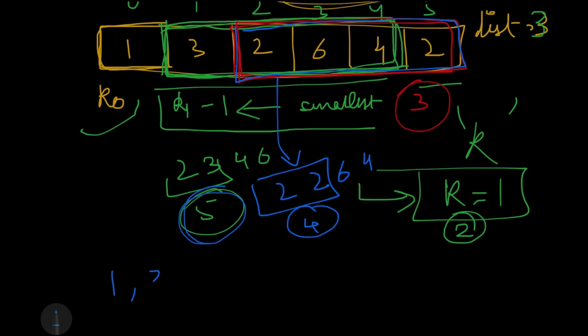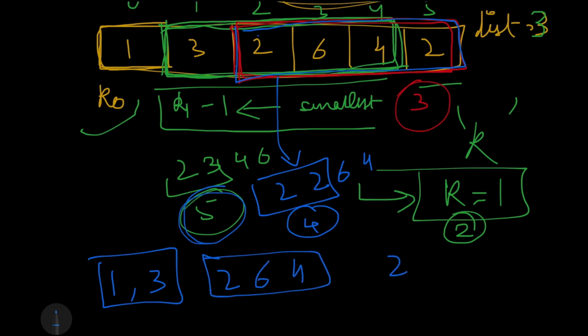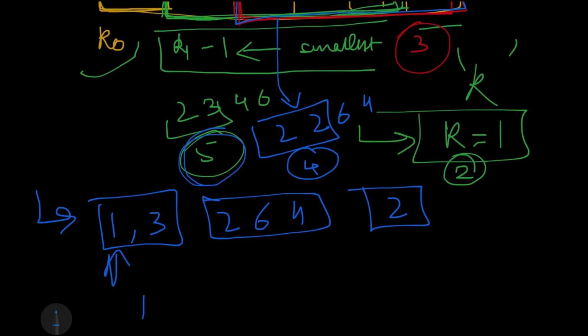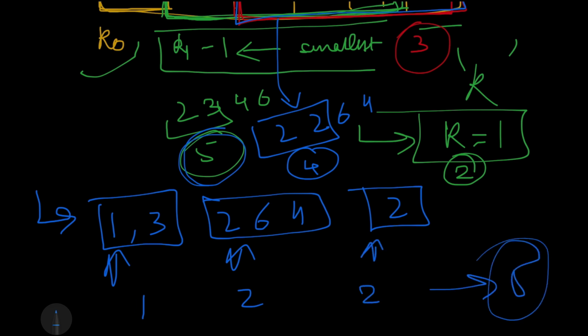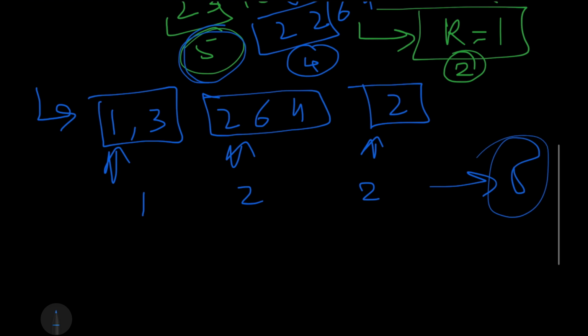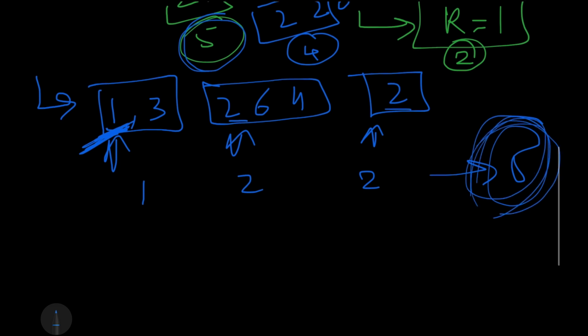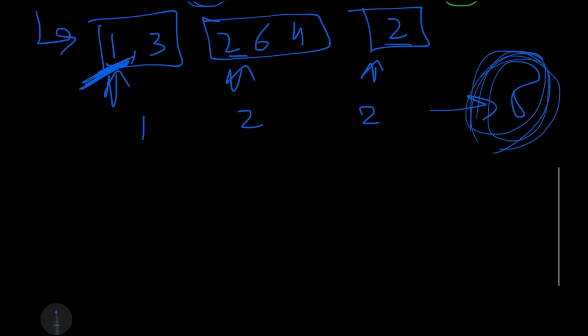So what would our arrays be? 1, 3, then 2, 6, and 4, 2. Dividing our nums array into these three contiguous arrays, the cost is 1, 2, 1, 2, which is finally 5. Here it was 4, but we have to add the first position always also, so it would finally be 5.